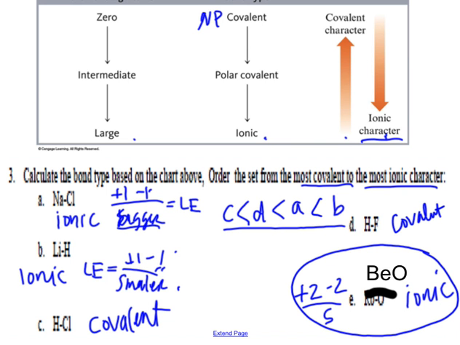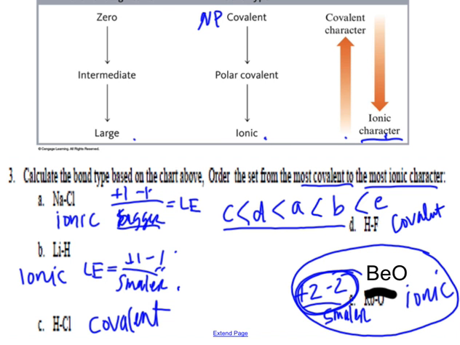And it's pretty close in size to LiH, but this is overwhelming. +2 -2. It's not even a +2 -1 or a +1 -2. It's +2 -2. We got two charges here. So that makes this probably your largest ionic character.